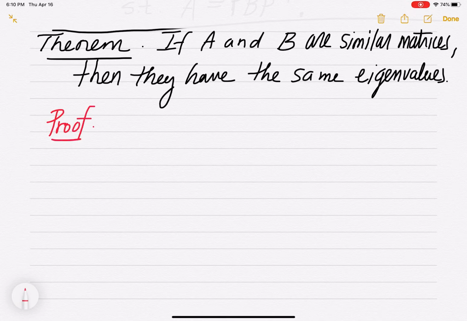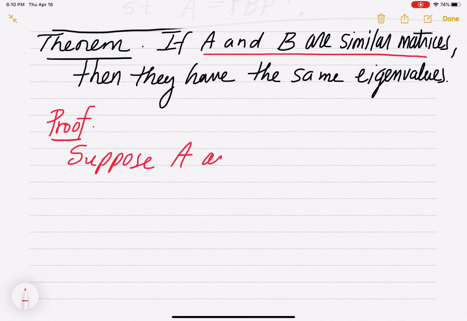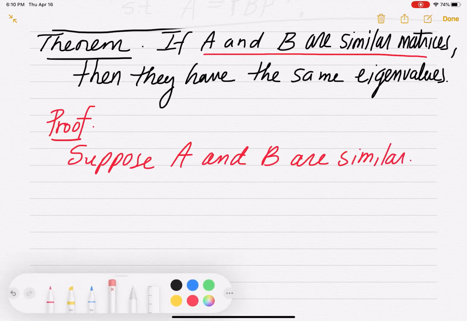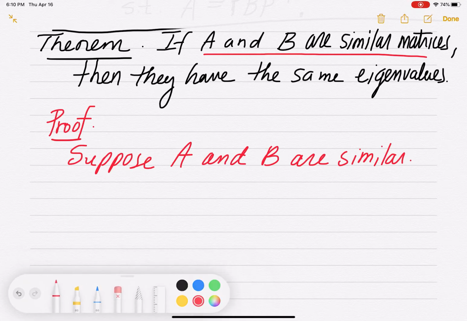Okay, we want to prove an if-then statement. So here we're going to assume A and B are similar matrices. So let's suppose A and B are similar. What does that mean?